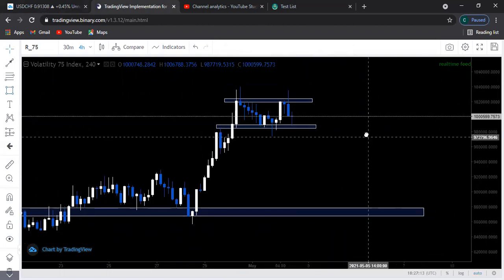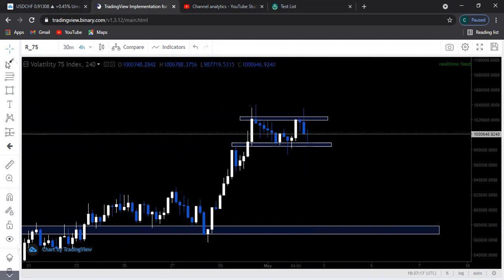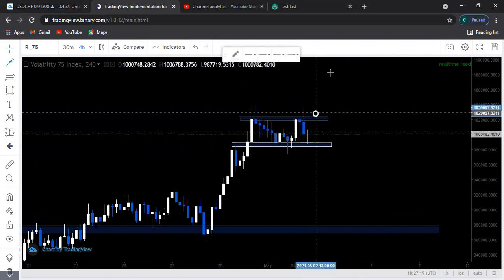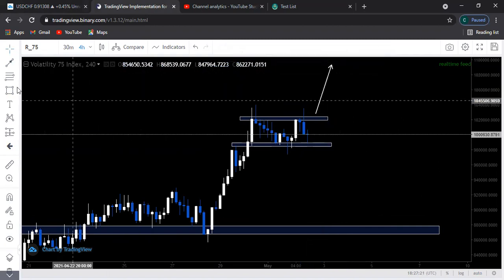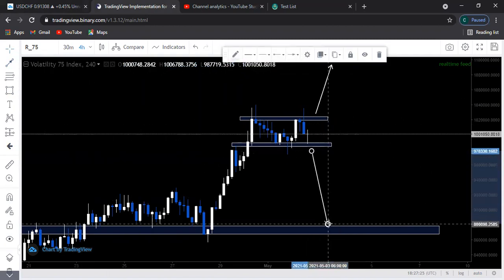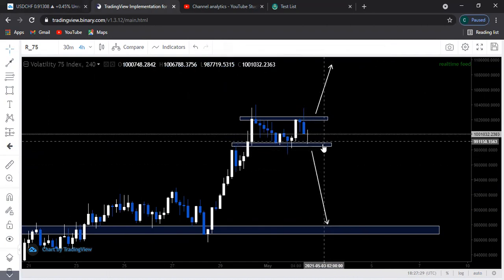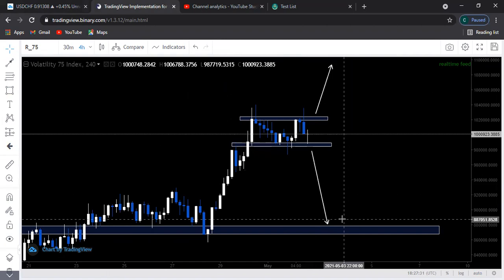So what I'll be expecting to see here is prices break either side of this consolidation before actually making my move. If prices break below here, I'll be waiting for a retest and pushing all the way down here.